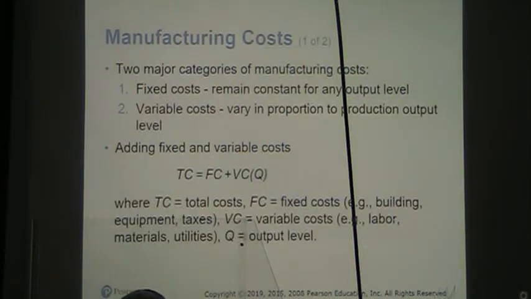And they're defining it as TC is total costs, FC is fixed costs, VC is variable costs, and Q as output level or quantity.